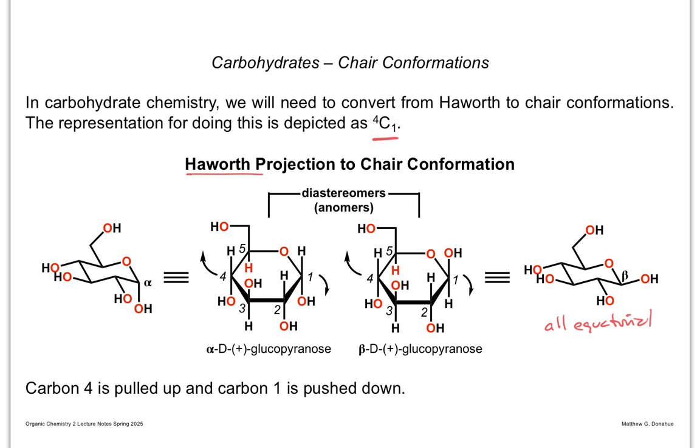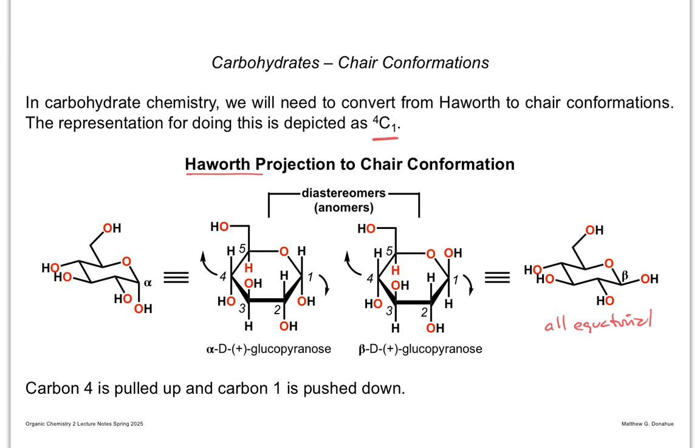And from organic 1, we learned that equatorial substituents are more stable on a ring than axial. So that could be a reason why glucose has evolved to be the chosen sugar for us to metabolize. It's the most stable one. Again, the alpha, beta, those things can isomerize.